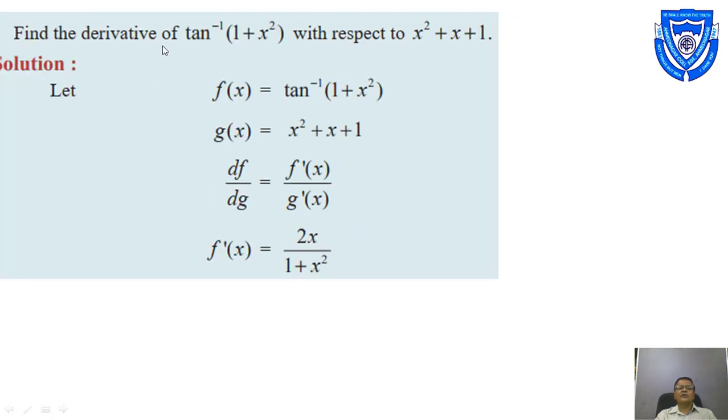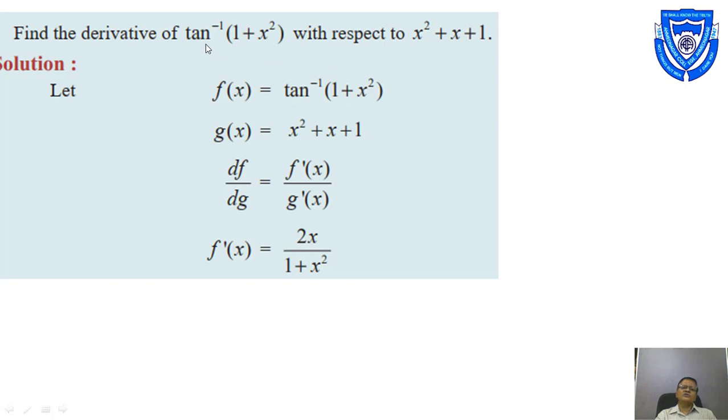Find the derivative of tan inverse of 1 plus x square with respect to x square plus x plus 1. To find the derivative of one function with respect to another function, you may call the first function u, the second function v, and find du by dv. If you call the first function v, the second function u, find dv by du.